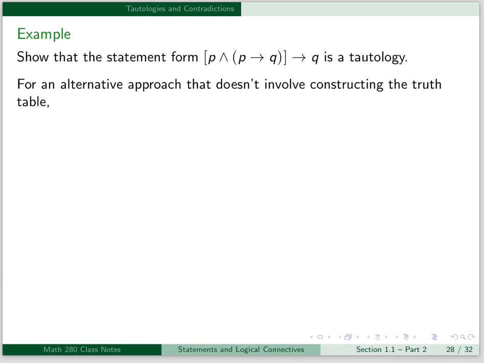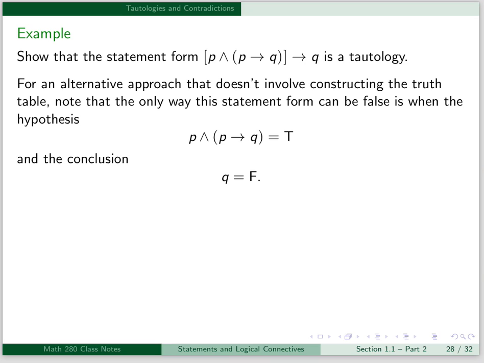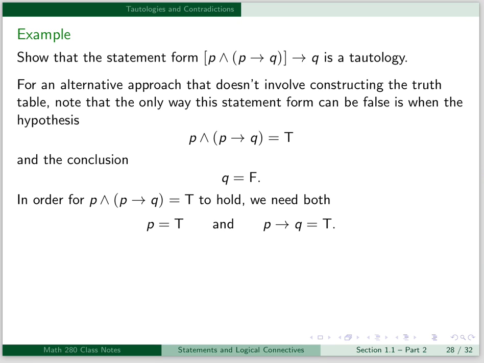For an alternative approach that doesn't involve constructing the truth table, note that the only way the statement form can be false is when the hypothesis, P and P implies Q, is true, and the conclusion, Q, is false. In order for the hypothesis to be true, we need both P to be true and P implies Q to be true.